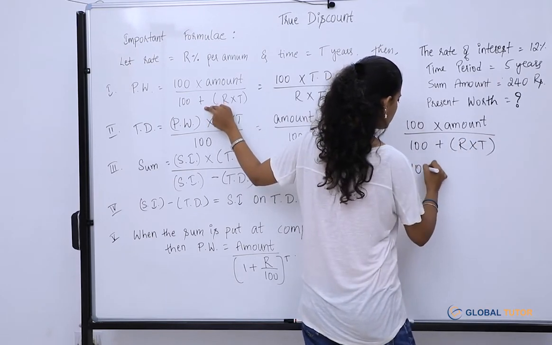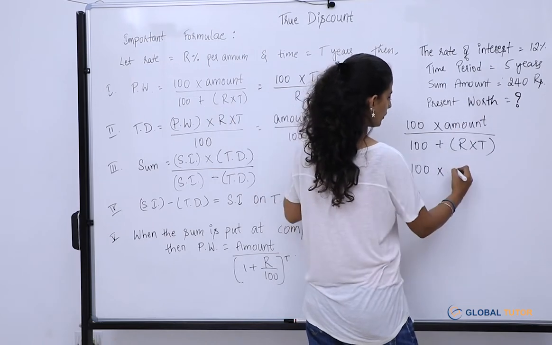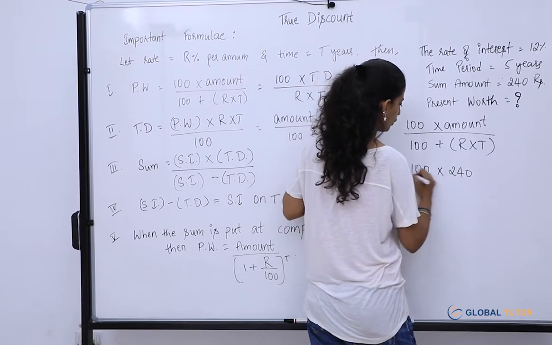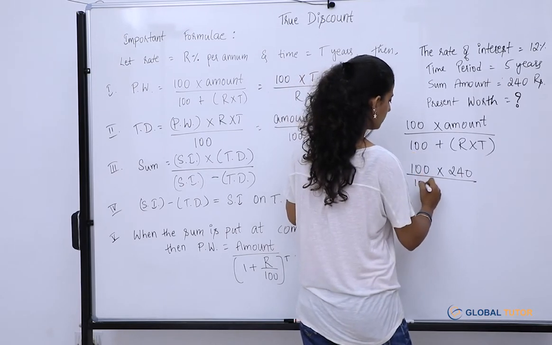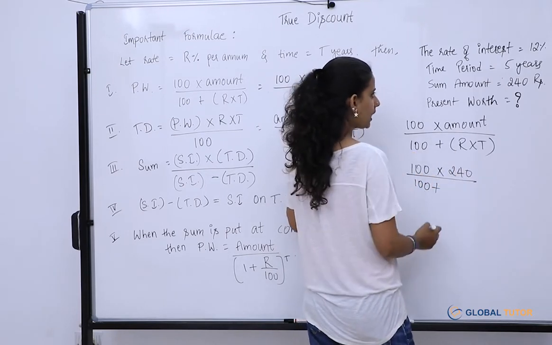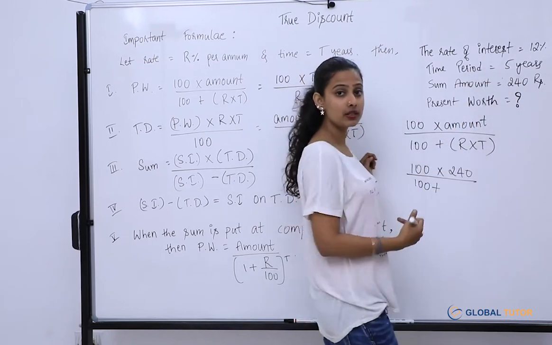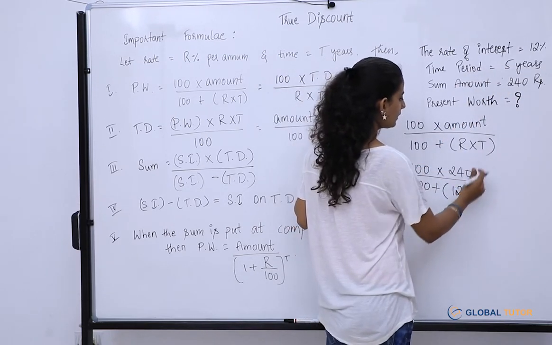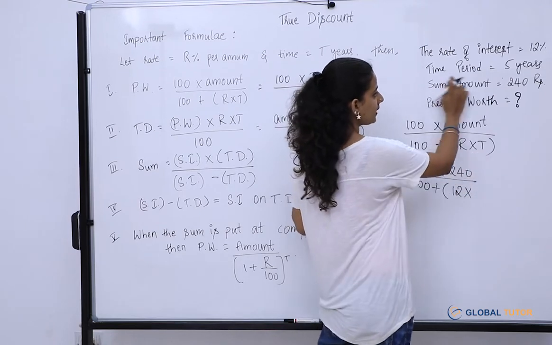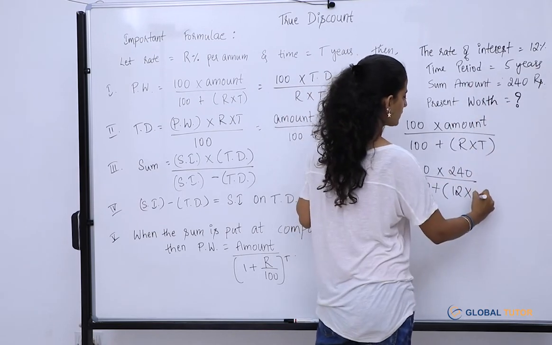So here we have the sum amount which is 240 rupees. So 100 into 240 divided by 100 plus r, the rate of interest which is 12%, into t, the time period which is 5 years.